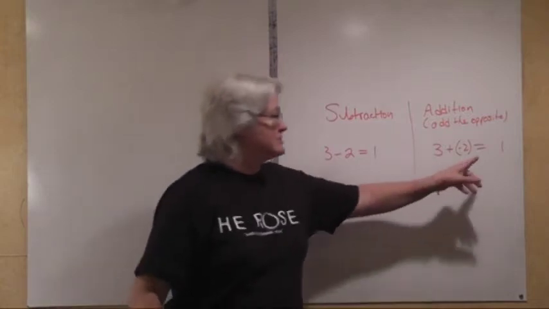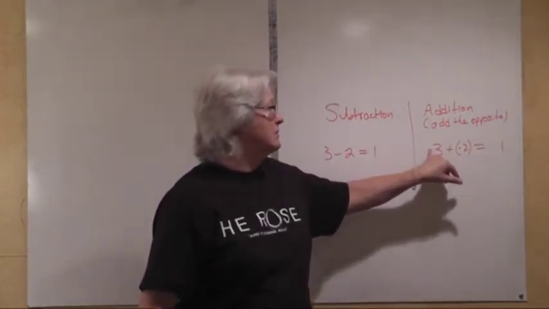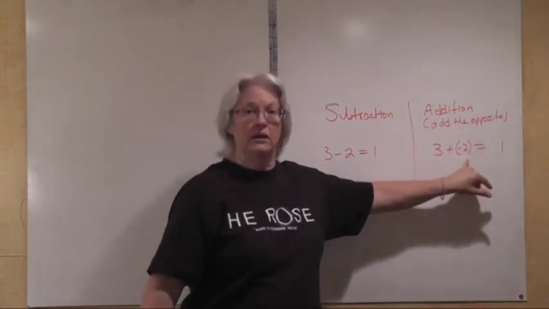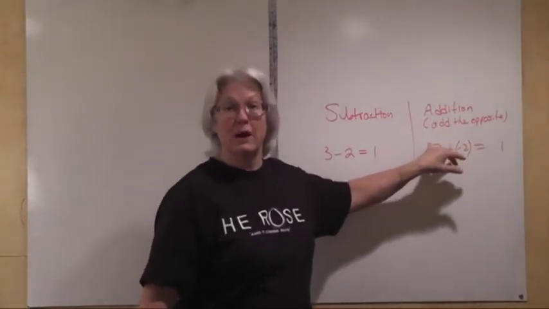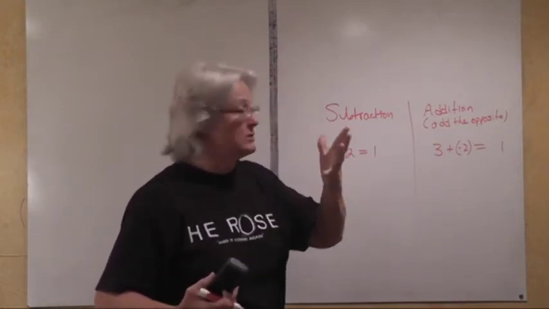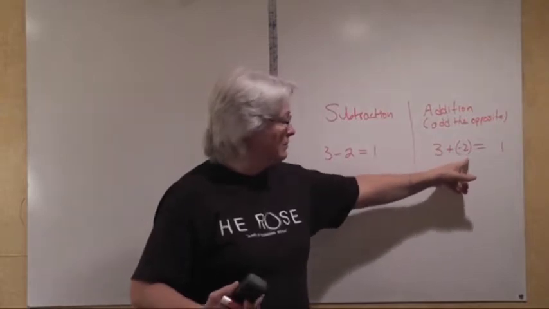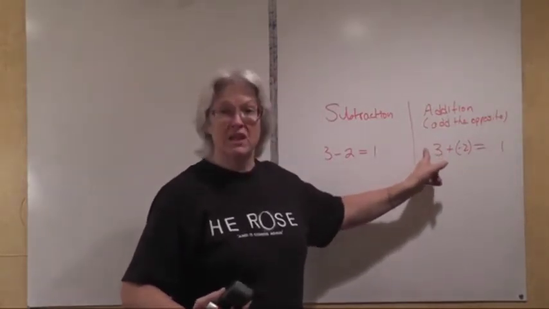And then how do we know if it's a positive or a -1? We use the sign of the addend that has the larger absolute value. What that really means, the way most kids' minds work, most adults' minds work, is, okay, the 3 is bigger than the 2, so I'm going to use that sign.